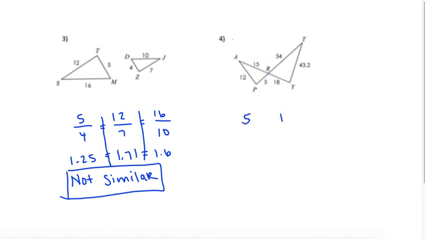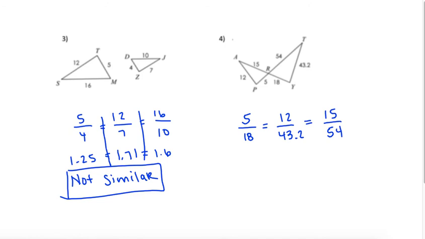On number 4, okay, so I'm going to look at this smaller triangle and go in order, 5, 12, 15, and compare it to proportional on the other one. Okay, small, so it would be 18, 43.2, and 54. Going in order is important. We want to make sure that we're lining up those corresponding parts.